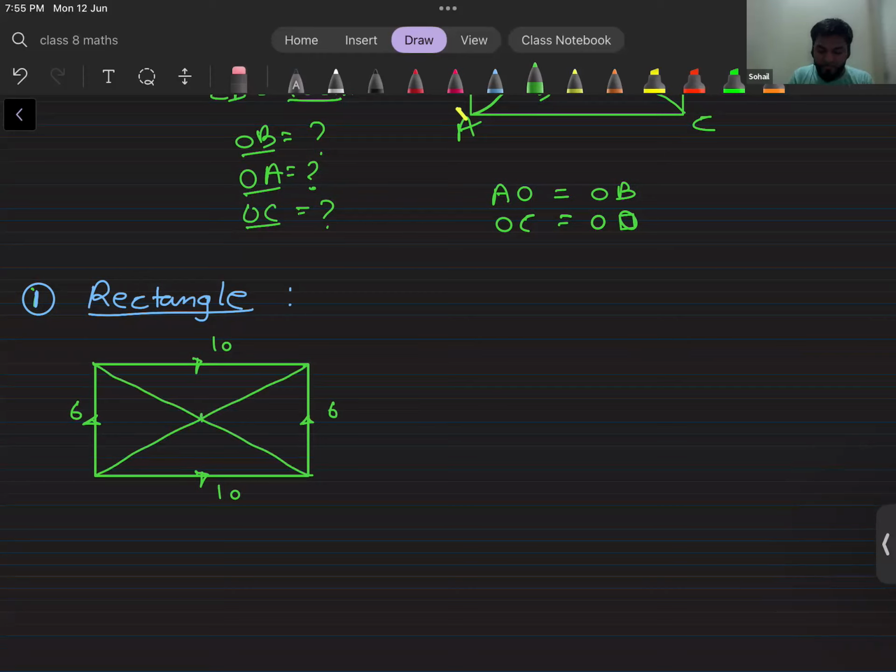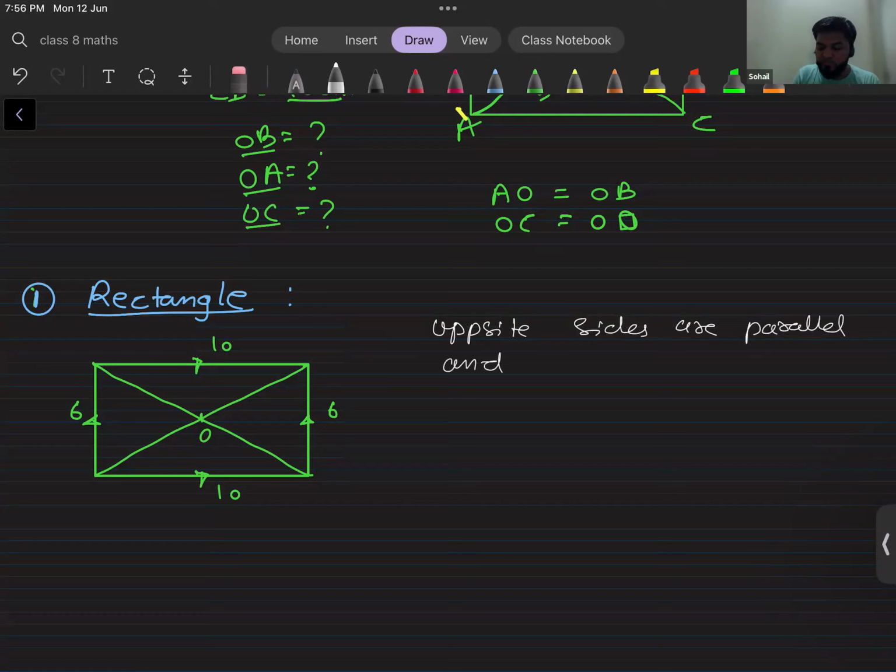All right, guys. The first property is that opposite sides are parallel and equal. Then the second property is that diagonals are of equal length.